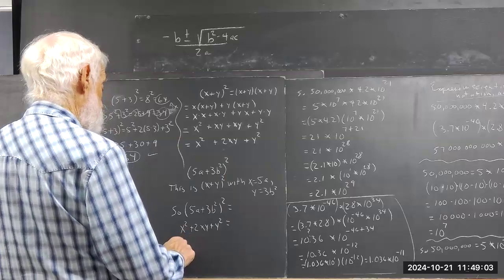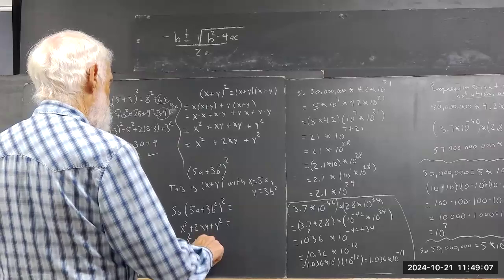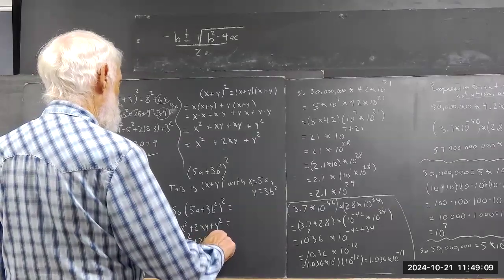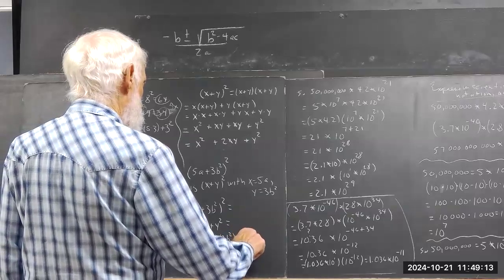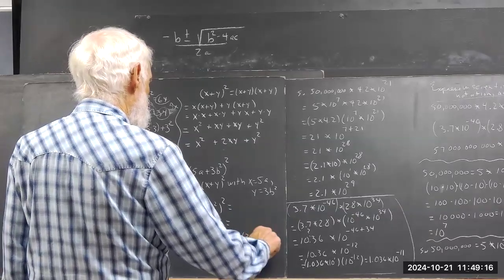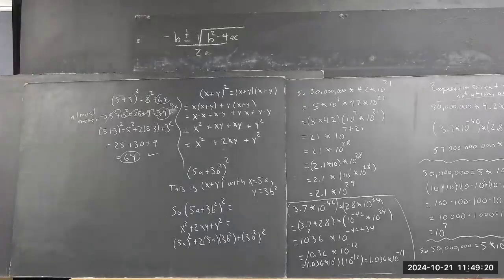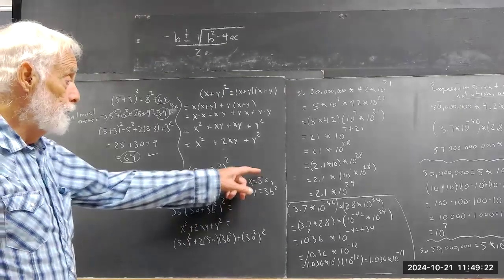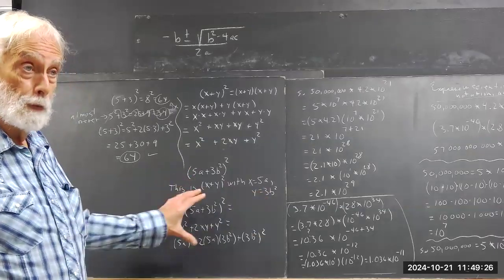And that has to then be 5a squared plus 2 times 5a times 3b squared plus 3b squared squared. Okay? Because we've agreed x is now going to be 5a and y is going to be 3b squared, just for the moment, just for this problem.